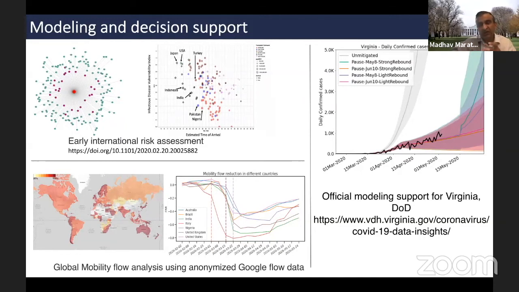So if you take a patch IJ in this global grid and you have another patch KL, then this tells you the human mobility flow, normalized, aggregated, and anonymized, but still with a lot of information in a certain sense.